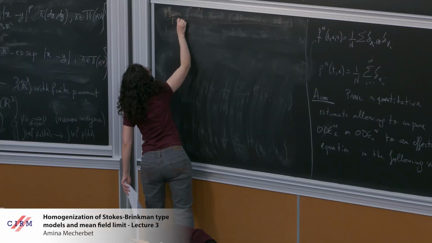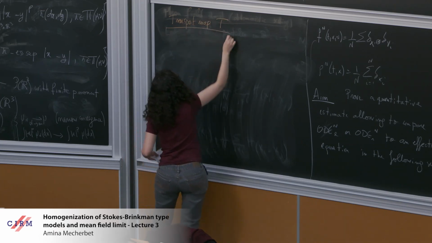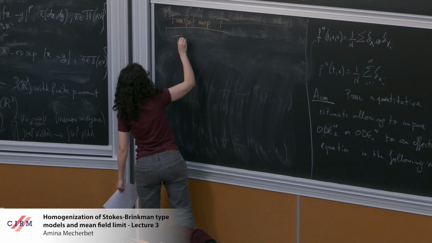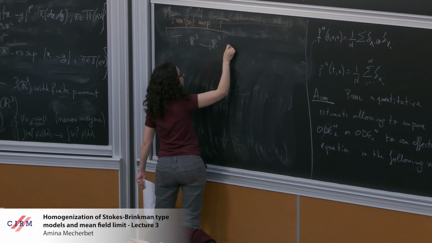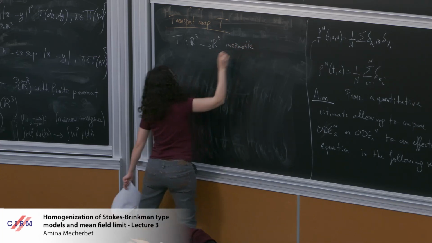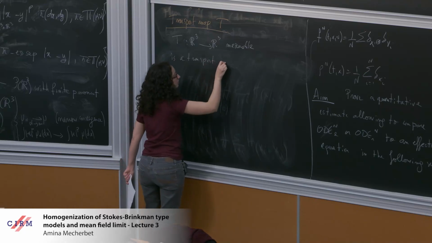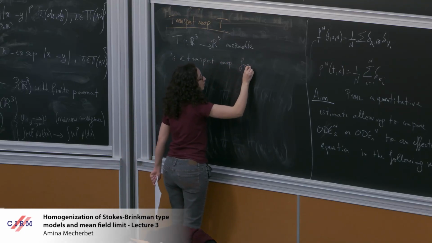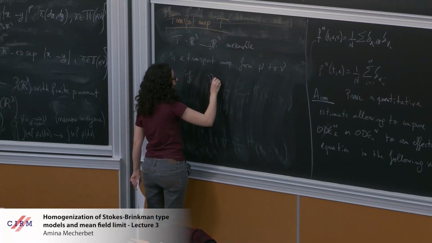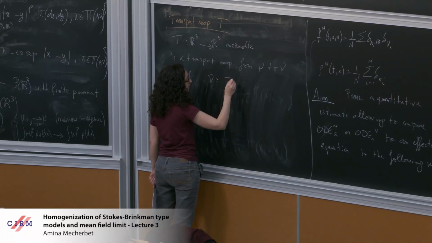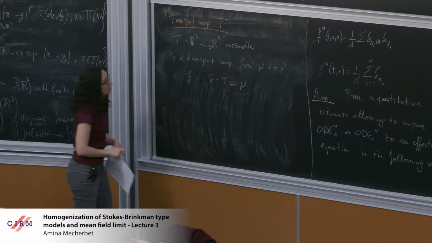A measurable function T from R^3 to R^3 is said to be a transport map from mu to nu if nu is the push forward of mu thanks to this transport map.